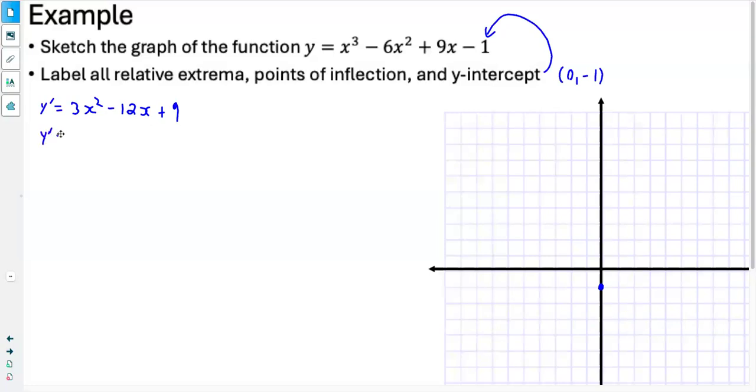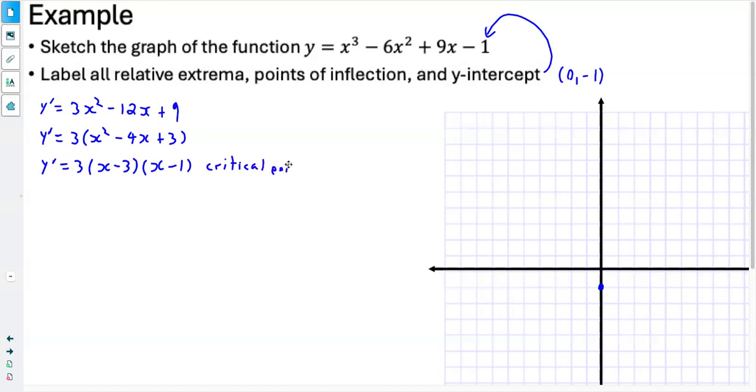So we've got y prime equals 3 times (x squared minus 4x plus 3). We'll then factor that. So we've got 3 times (x minus 3) times (x minus 1). So we know we have critical points at x equals 1 and 3.